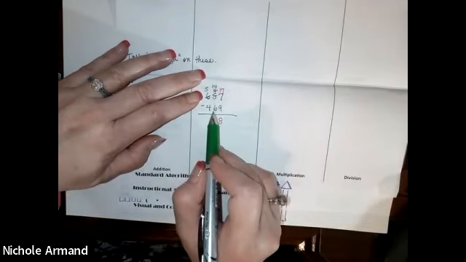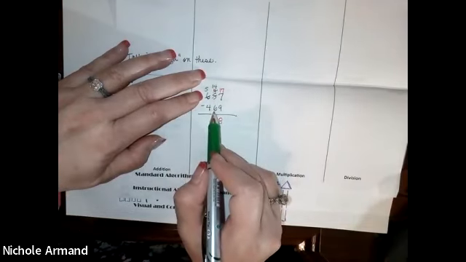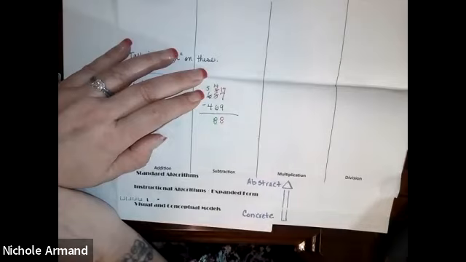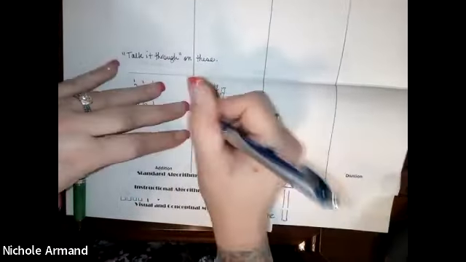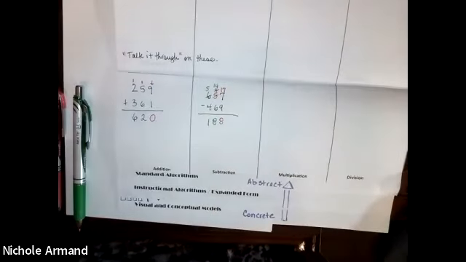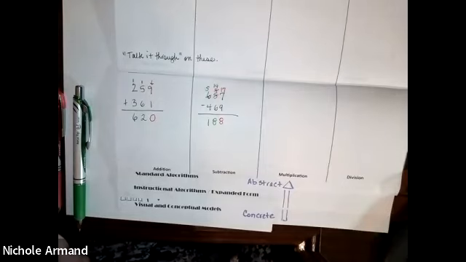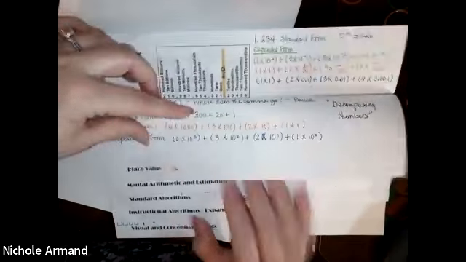So 14 tens, or basically 140 minus 60, that's going to give us another 8. And then 5 minus 4, or 500 minus 400, is 100. So that's regrouping, subtraction.